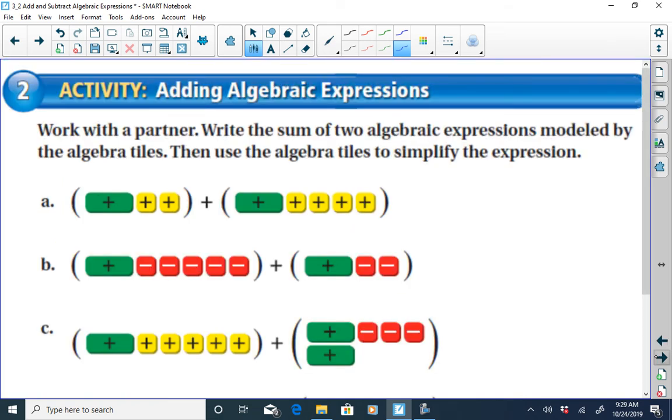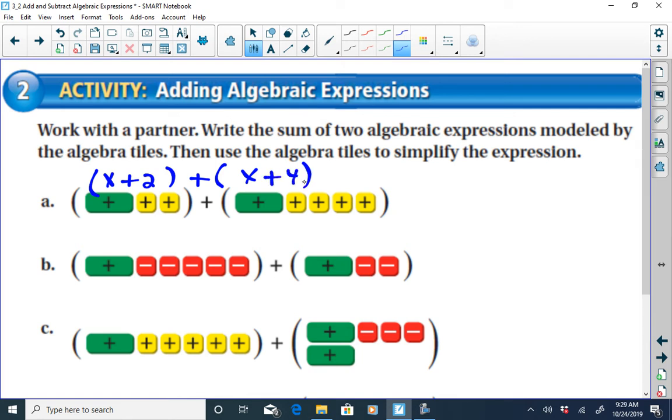Okay, well, let's use the models now to add expressions, now that we know how to write the algebraic expression for the model. So here we have 1x plus 2, and I want to add to that 1x plus 4.